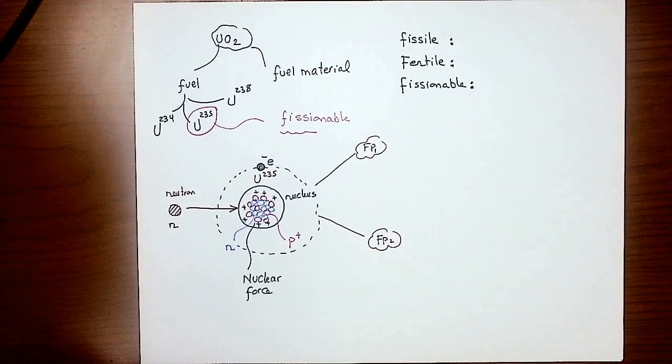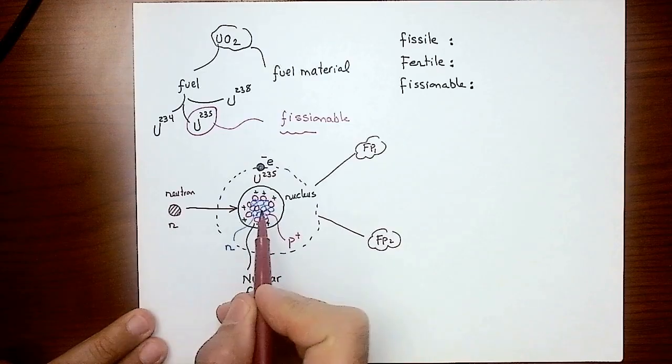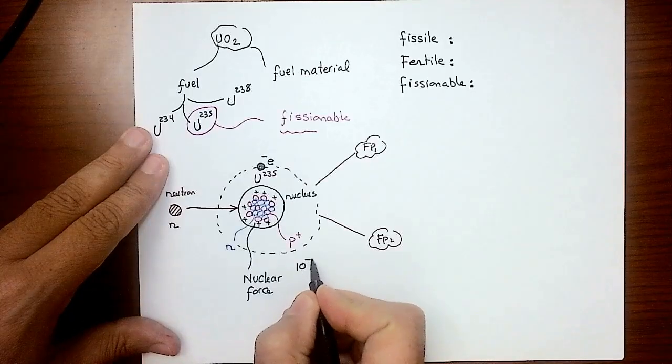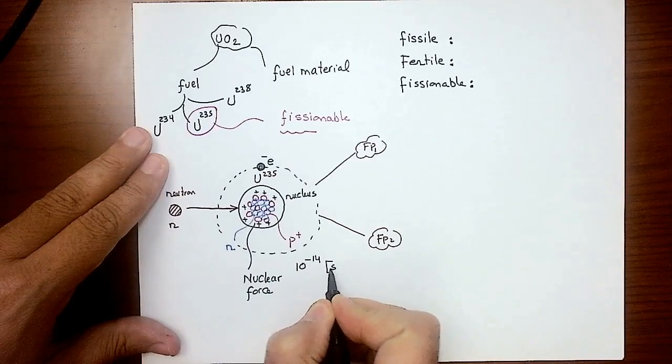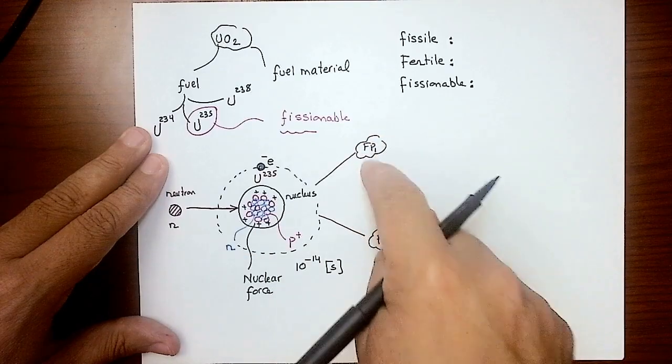These fission products are actually unstable. By the way, just to keep that in mind, when you hit the nucleus of uranium-235 with 1 neutron, it becomes unstable. This instability lasts approximately 10 to the minus 14 seconds before it splits and gives me fission product 1 and fission product 2.